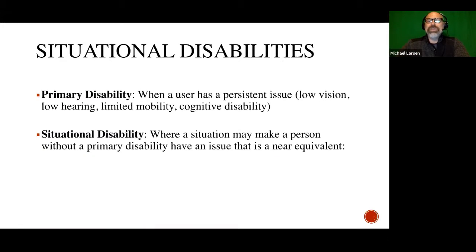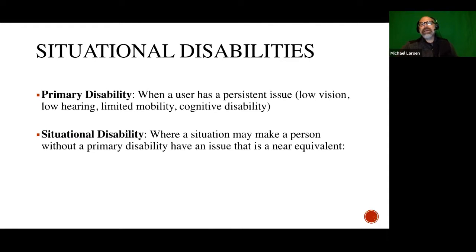So if you have low vision, low hearing, limited mobility, or you have a cognitive disability that is always there, that's a primary disability. But just as important is what we call situational or secondary disabilities. And that's where you may find yourself in a situation to where you are perhaps momentarily disabled.